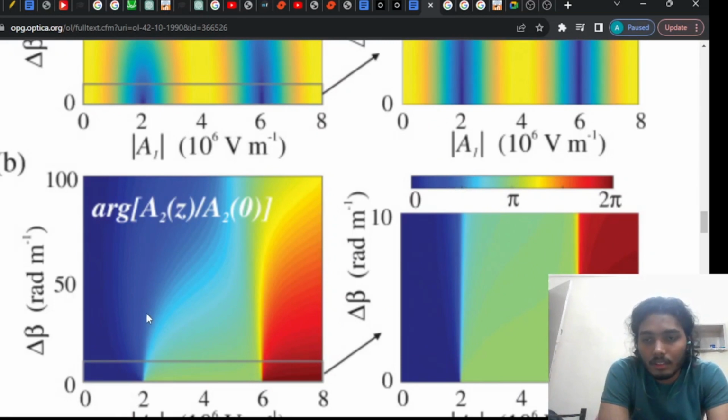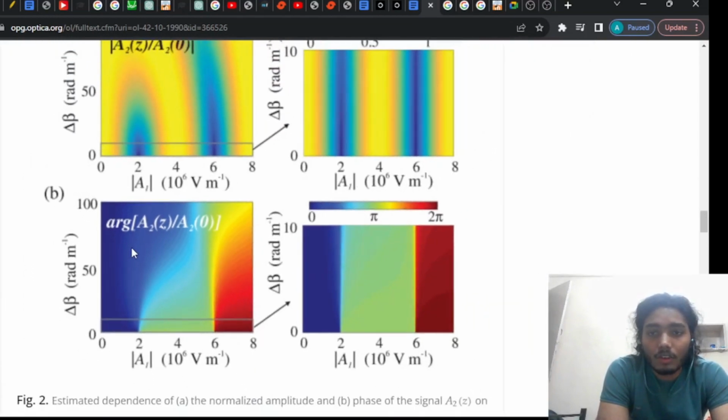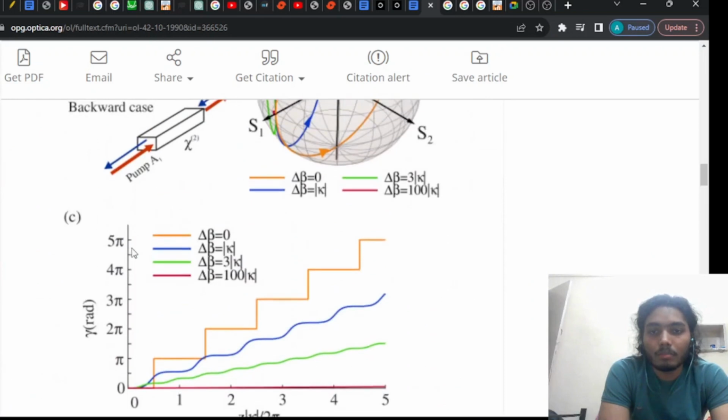So as the phase mismatch increases, the geometric phase will decrease, and this is also shown in this Poincare sphere.